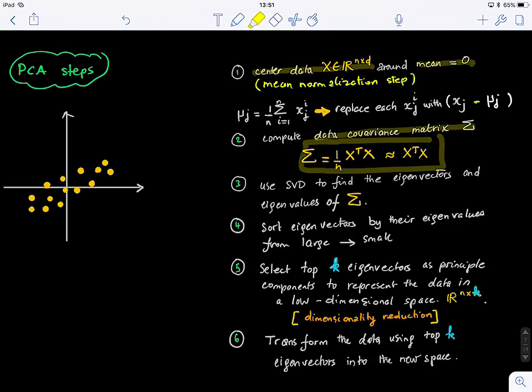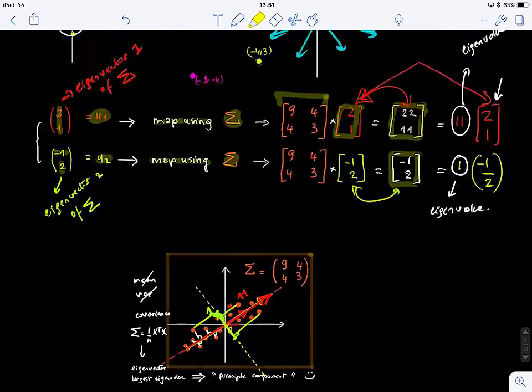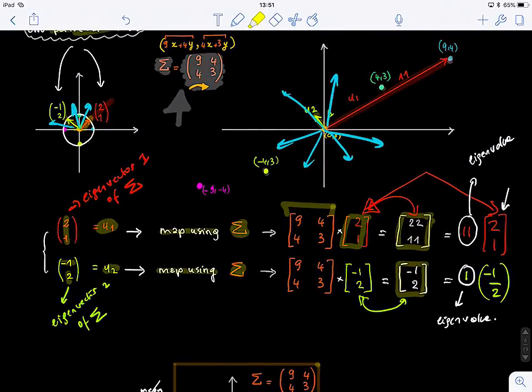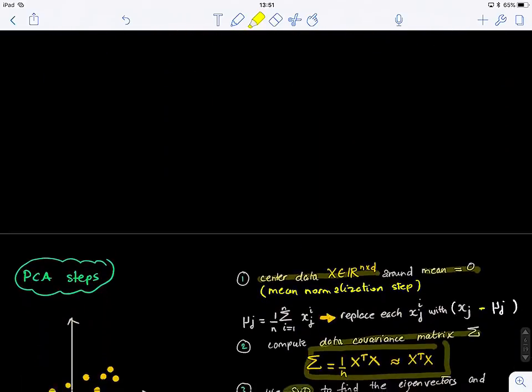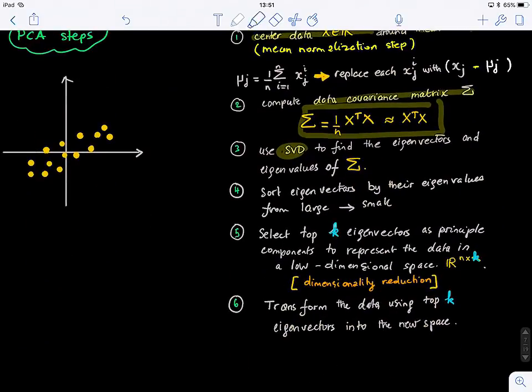Next, we need to find the eigenvectors. We found them by chance here, but we can use singular value decomposition, SVD, to automatically find those eigenvectors and their corresponding eigenvalues, okay?